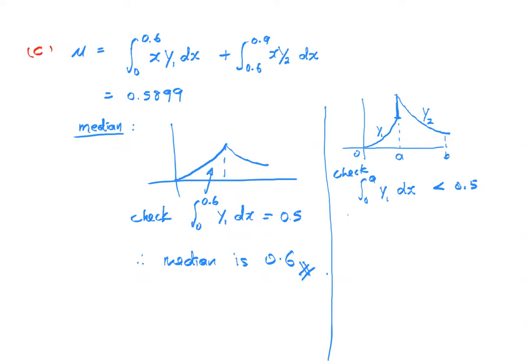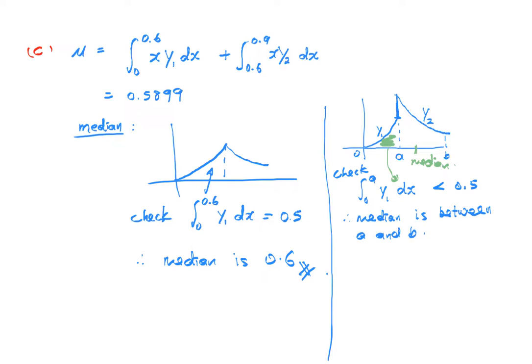Therefore, median is between A and B. Am I right? Because this area is less than 0.5, so median must be somewhere here. Can or not? You get me?